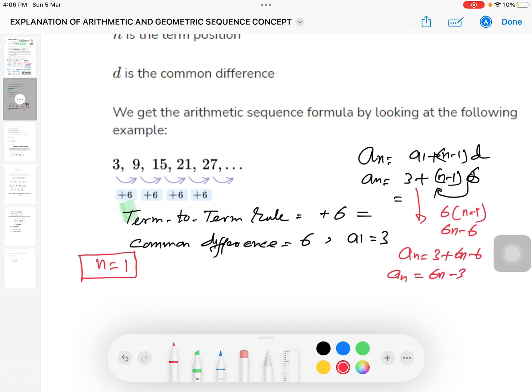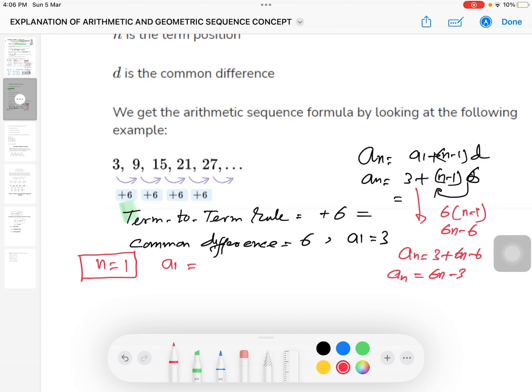I said I will explain this term position later on, so now is the time. n1 means the first term, so for a1 you replace n with 1. n is basically for natural numbers. You put natural numbers here, you can't put negative numbers. Natural numbers are 1, 2, 3, 4, counting numbers basically.